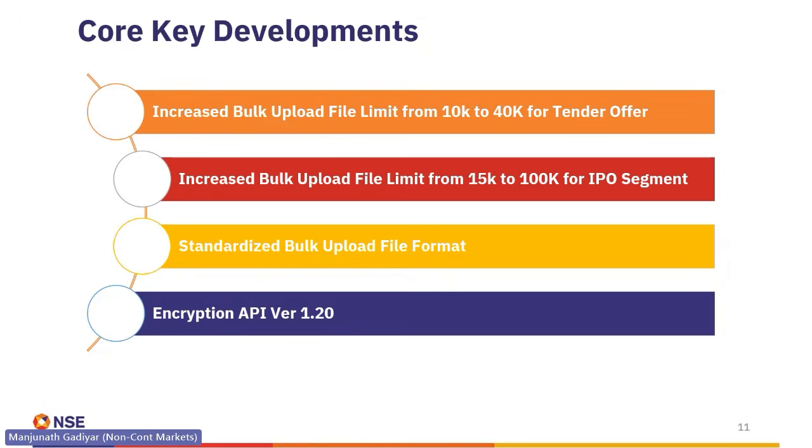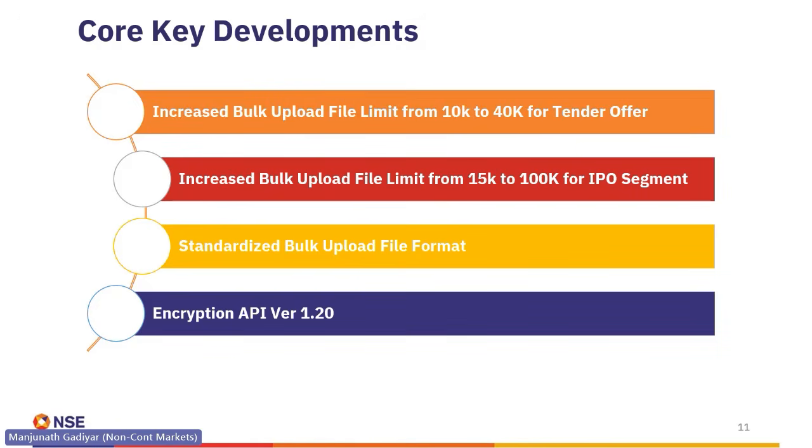Similarly, for IPO, from 15K we have gone all the way to 1 lakh applications in a single bulk file upload. And all file formats have been standardized for SME IPO, mainboard IPO, REITs and InvITs. So there is a standardized file format, and across exchange you can use a single bulk upload file format.